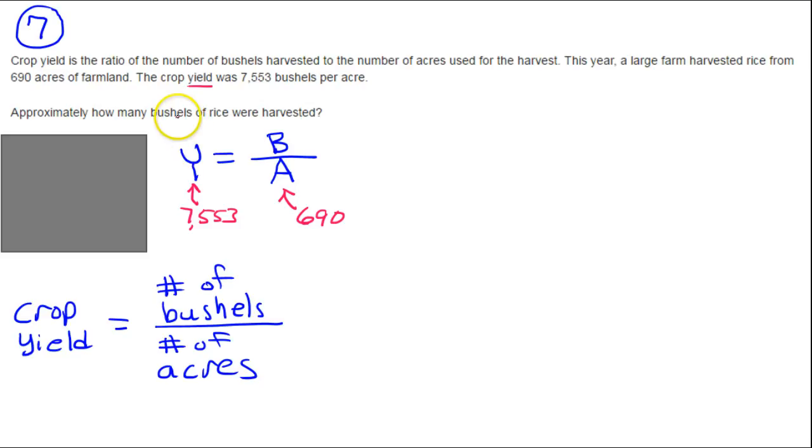Approximately how many bushels of rice were harvested? So we are being asked to find the number of bushels of rice, which I could call X, or I could just leave it B to remind me that it's bushels. So I'm just going to leave it B. Substituting in the numbers I have, 7,553 is equal to the number of bushels divided by 690.